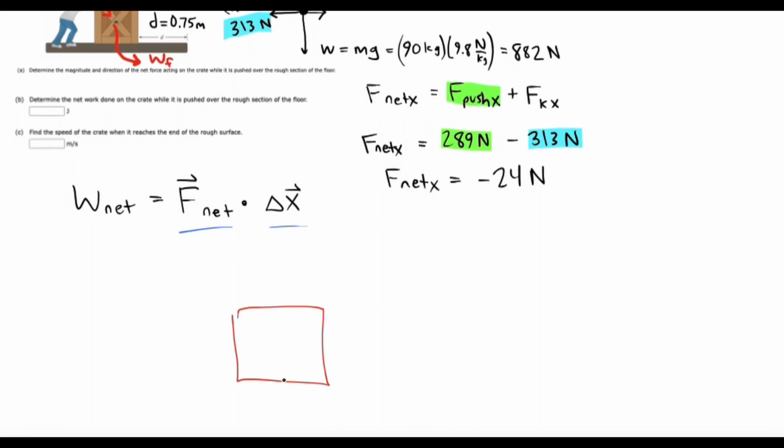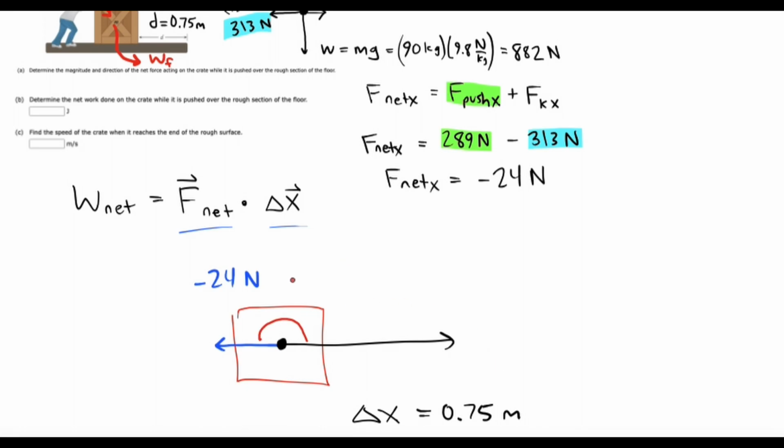Well, here's the thing. The crate goes forward. That's its delta x. Which direction is the net force? It's the opposite. So we have two vectors which are anti-parallel, or opposed. What's the angle between them? You have to measure like this. It's 180.